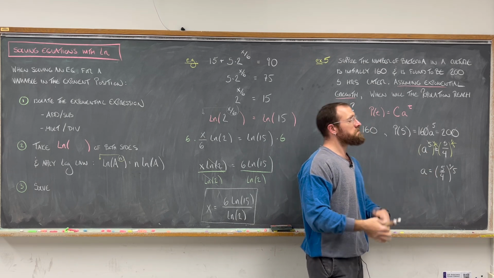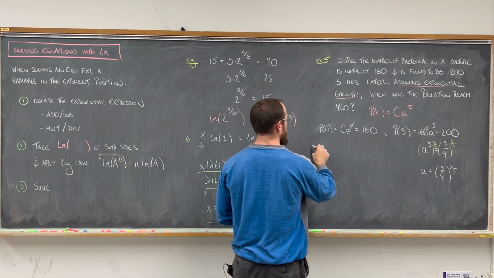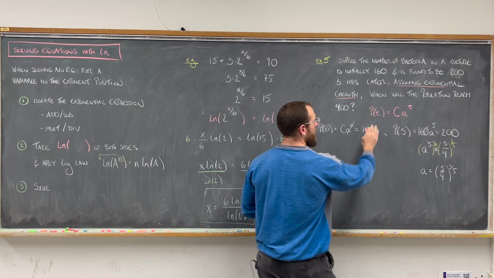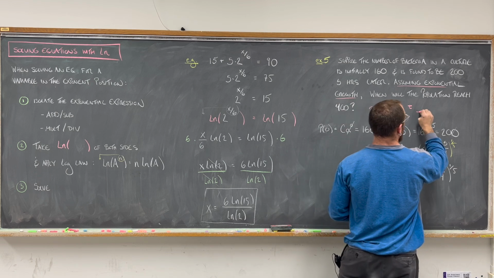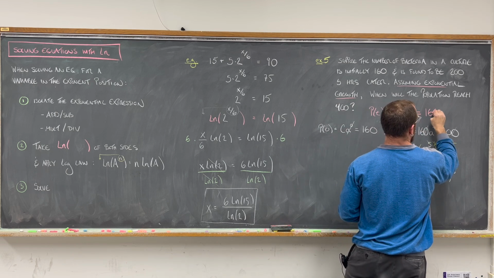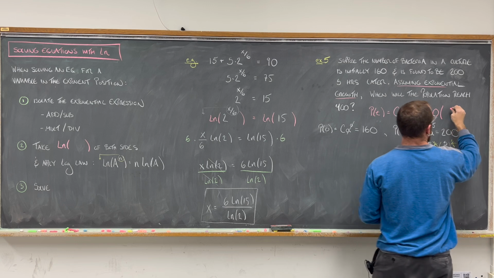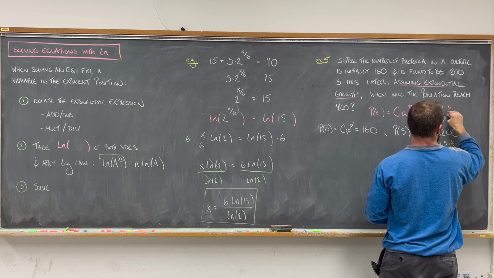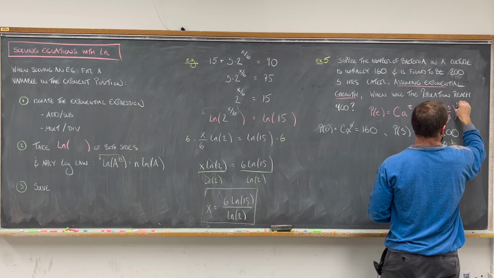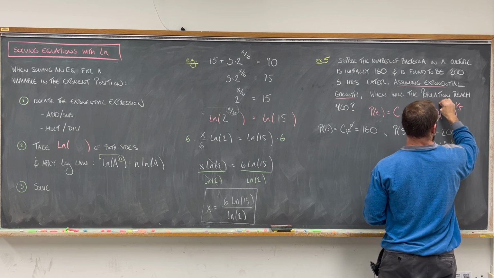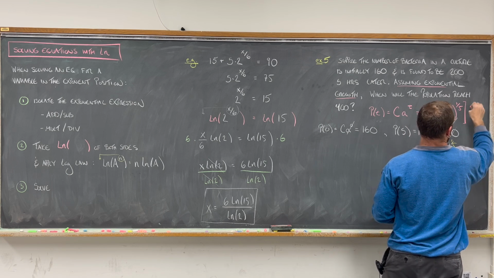All right, so coming back to square one, I know that my population model is 160 times 5/4 to the 1/5, all to the power t.